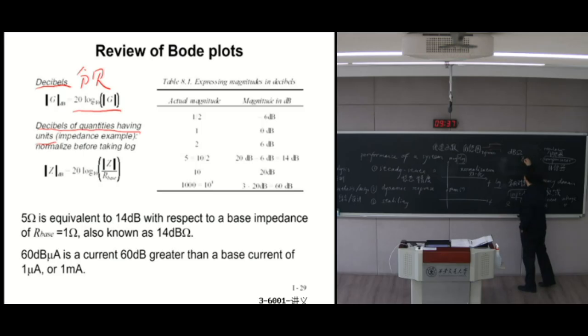For example, if this impedance is Z, in order to plot the Bode plot, we need to compare this quantity with a base impedance.